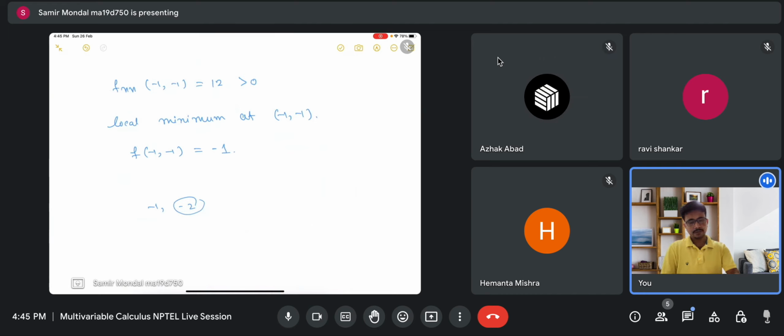So right now I am giving one example. There your boundary will be there. In the previous two cases no boundary was there, only interior points.